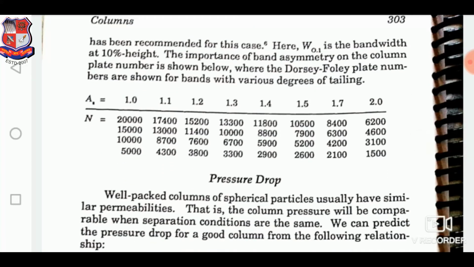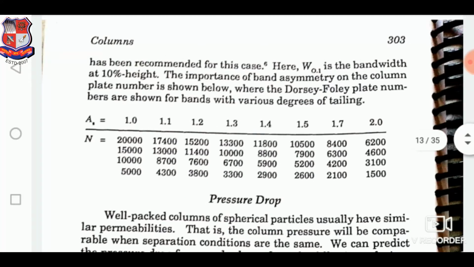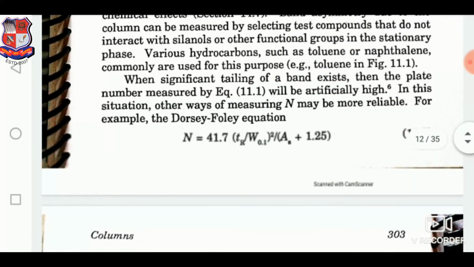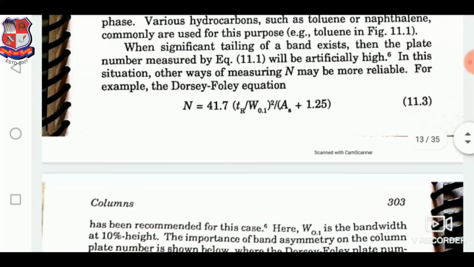So here one table illustrates how plate number changes with asymmetry. If the asymmetry factor is 1.0, then the plate number may be 20,000 according to this equation, that is the Dorsey-Foley equation.